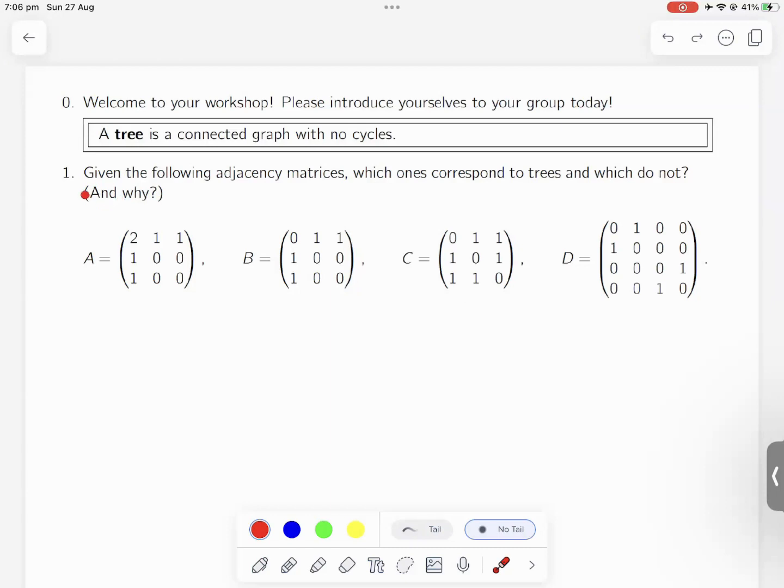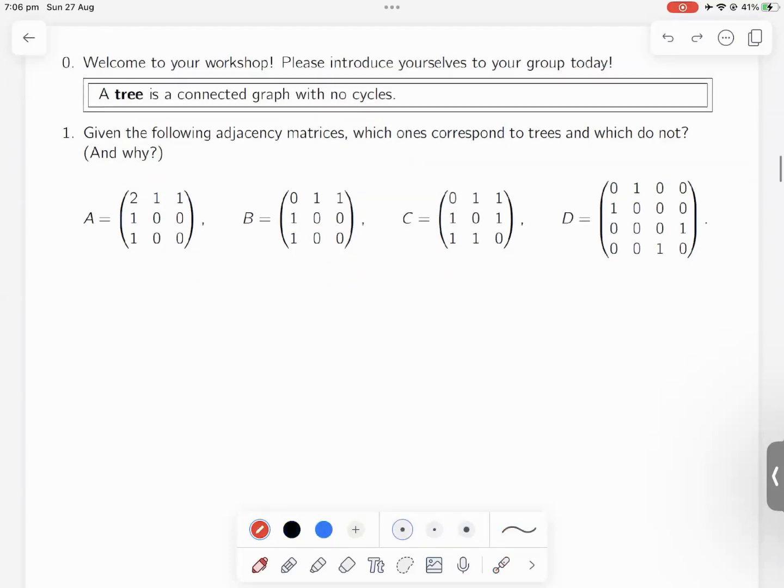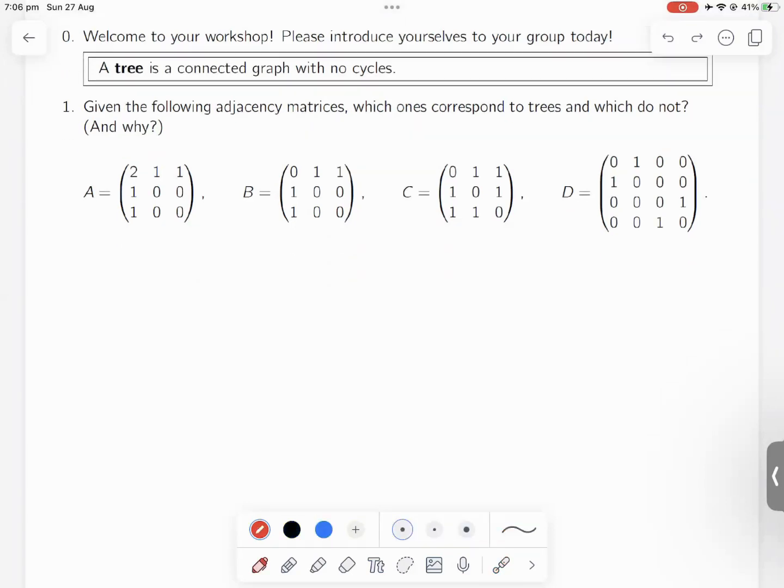Okay, question one. Given the following adjacency matrices, which one corresponds to a tree and which one does not? For question one, I can write this A, B, and C. So this is not a tree because it has this loop here.